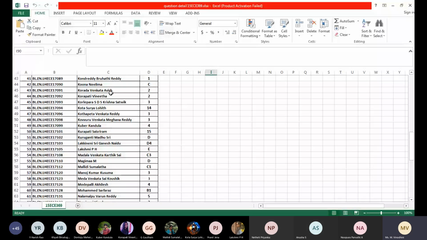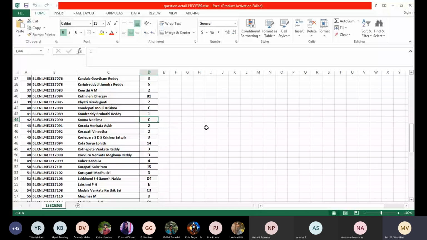Suppose for Neelima, it is C, means in your AEMS account in the subject 15 EC369, inside the assignment, you will get one question paper. In that question paper, the question for which the variable is C, you need to take that question, solve it and submit.